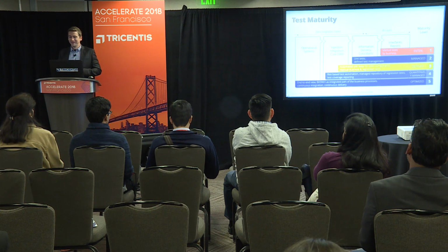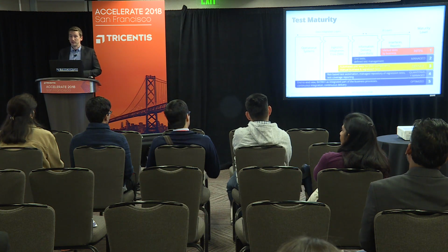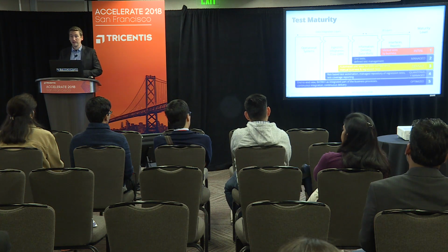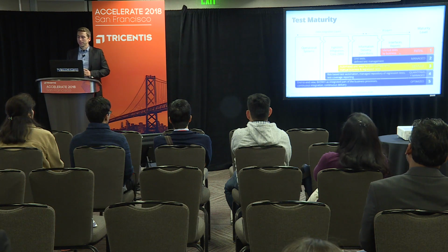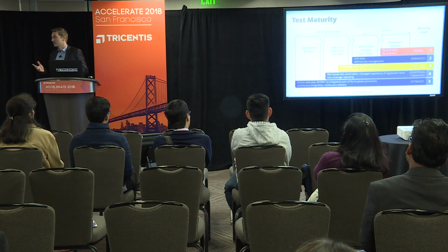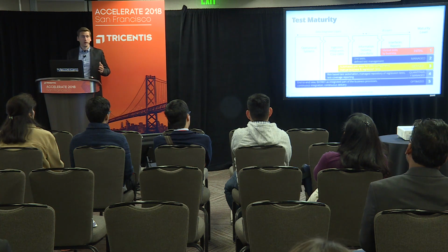Now, the maturities at our customers vary greatly. There are some that don't do any testing, and it's just done manually. Most of them are around 2 and 3. That's what we've been seeing. And what we want to do is help them get to number 5.